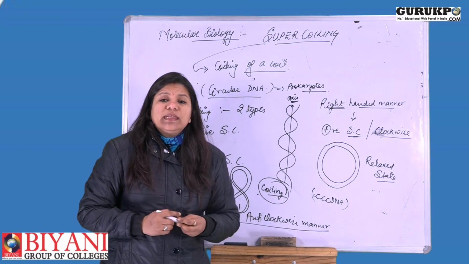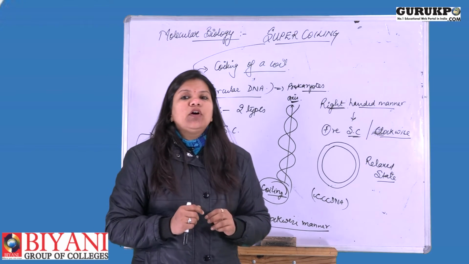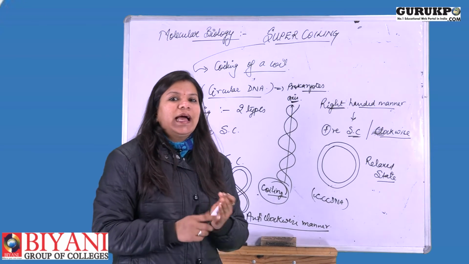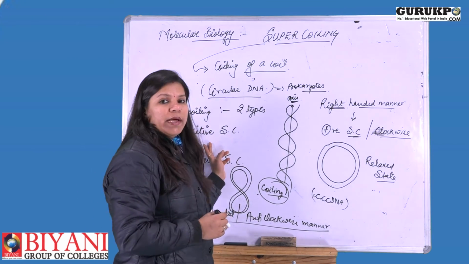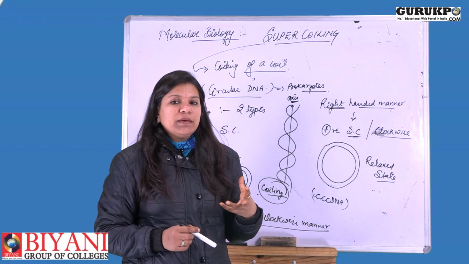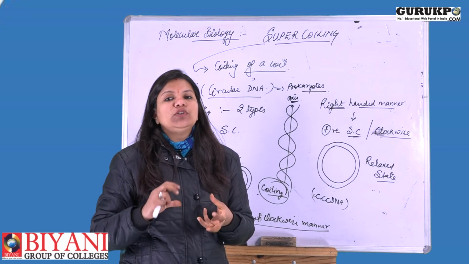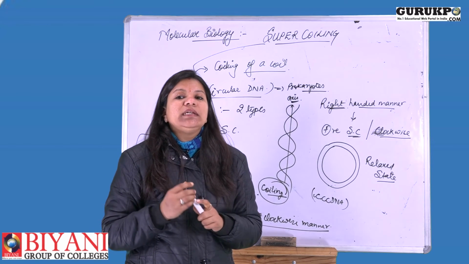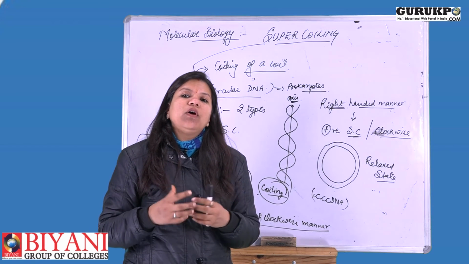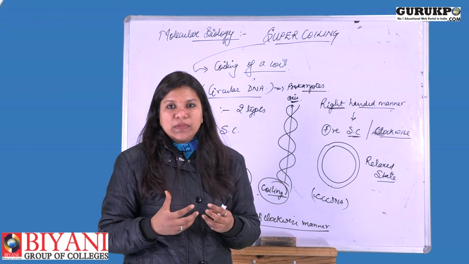There is one important difference between these two: the positive supercoil requires energy because it creates more tension or torsional stress when the DNA is coiled on itself again and again.